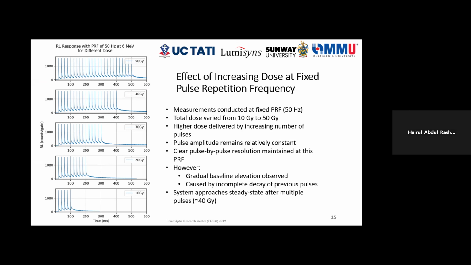However, the baseline starts to gradually increase, which is most likely caused by the incomplete decay of the previous pulses. So we conclude the same as we observed in our first measurements of increasing PRF.